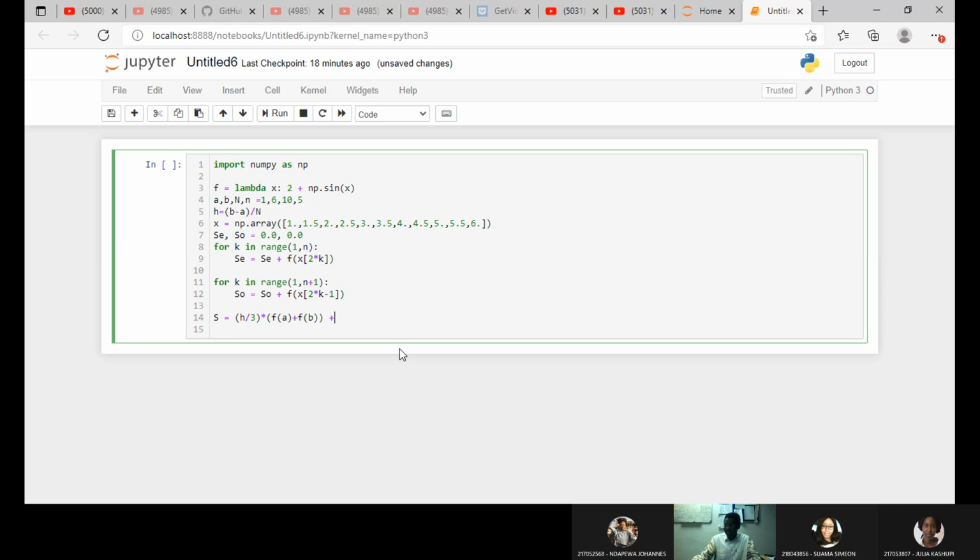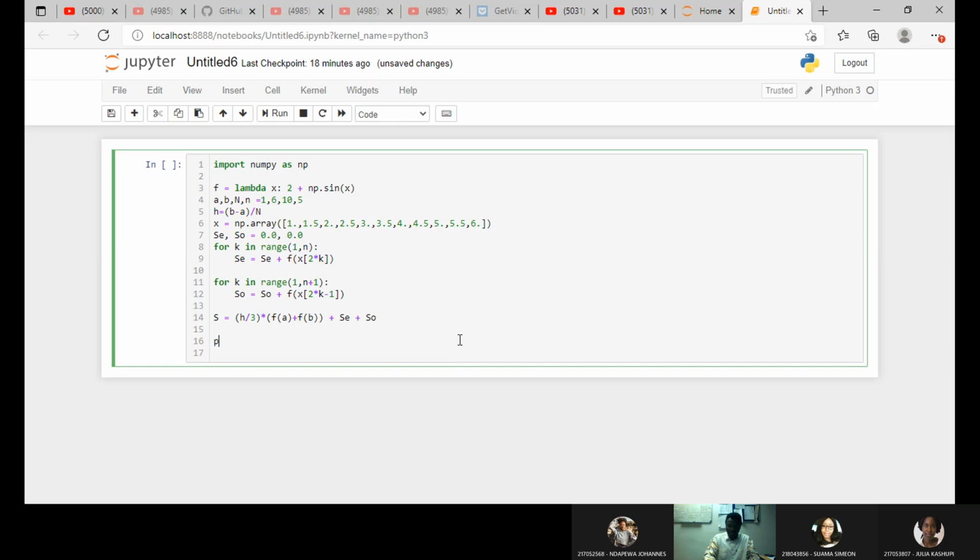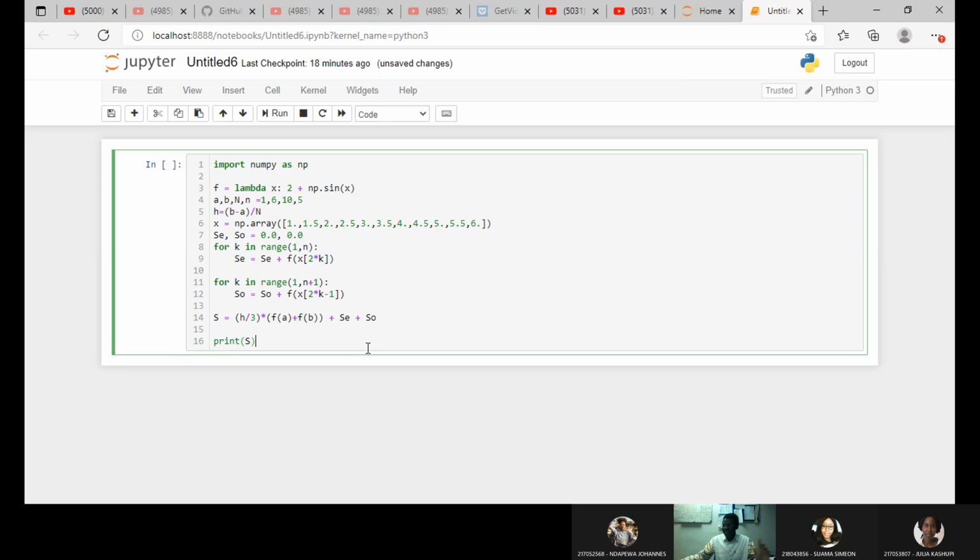Now plus SR. So with this one, I should get the result, right? Okay, so we are going to print the result, print, to see if it gives us the value 8.13 whatsoever, that value. If it doesn't give us that value, it means that something is wrong in our program, and we will check, right? That's how we do programming. In the first go, there might be an error, then you check to fix where the problem is.